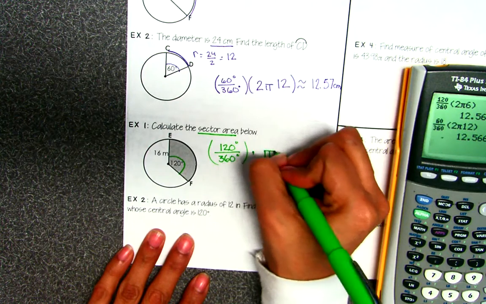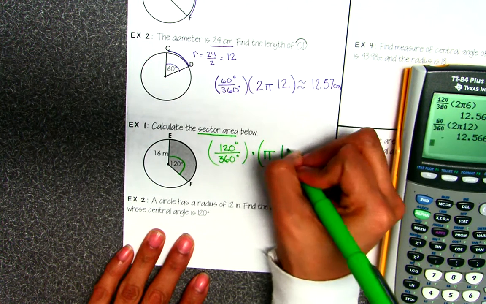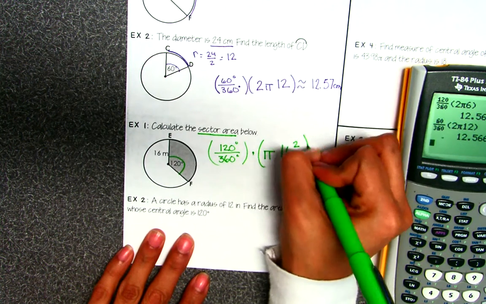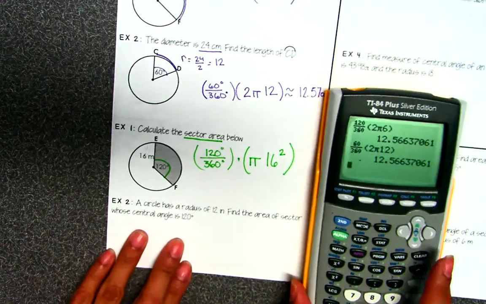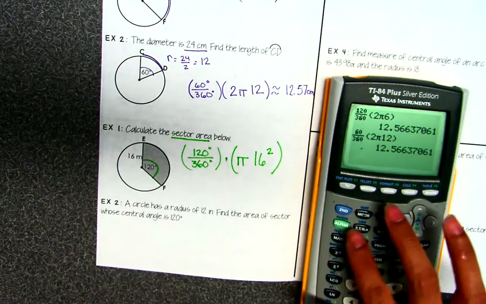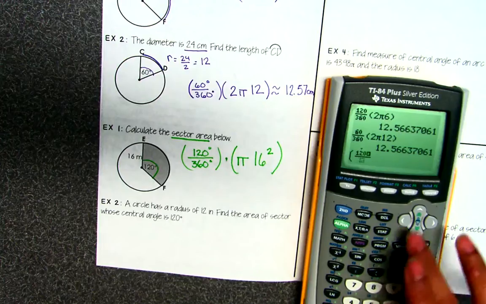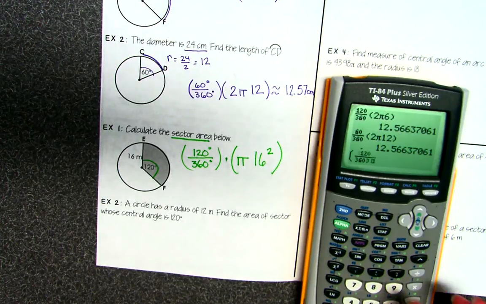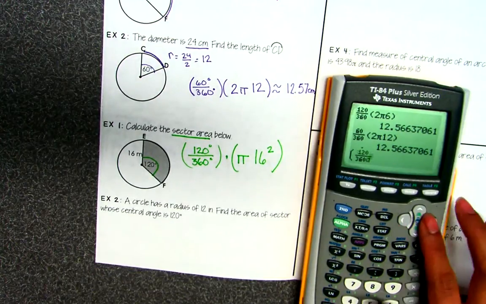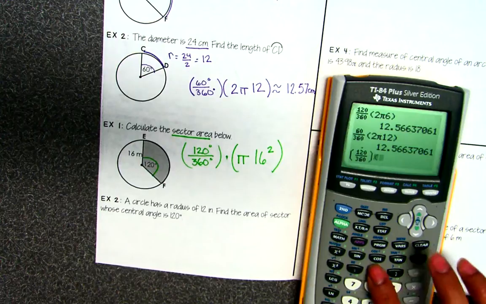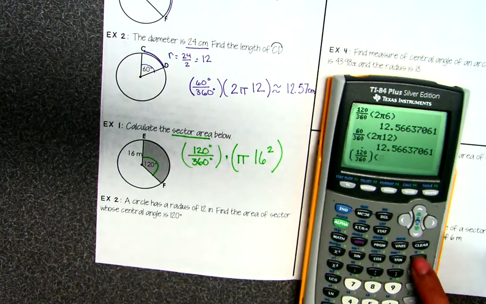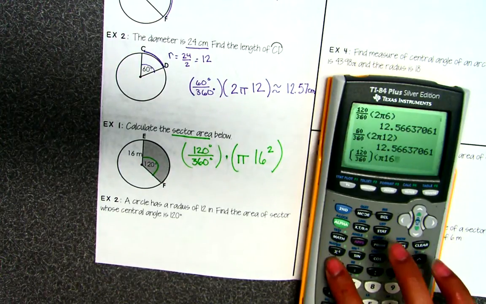So it's pi r, r is 16, squared. And so when I type it in, I'm going to put open parentheses 120 over 360, and then I'm going to put pi 16, and this button gives me the squared.